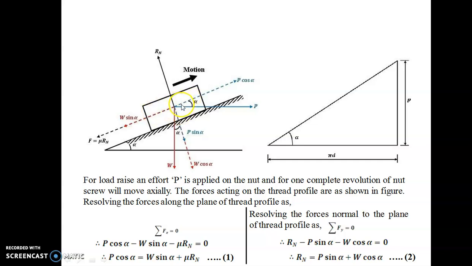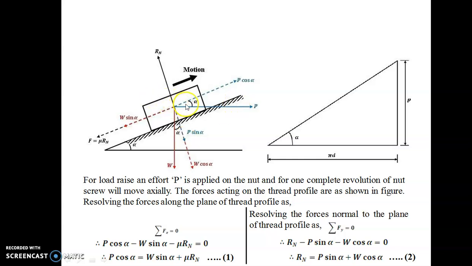Same way, for downward and upward forces, we have to take the sign.